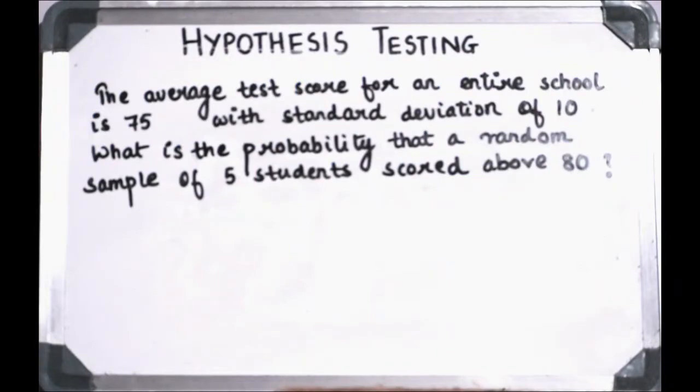Let us go through the question first. The average test score for an entire school is 75 marks with a standard deviation of 10. What is the probability that a random sample of 5 students scored above 80?